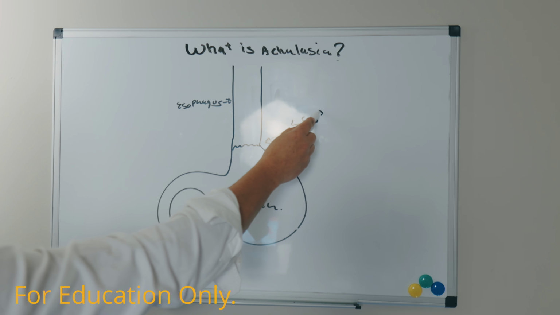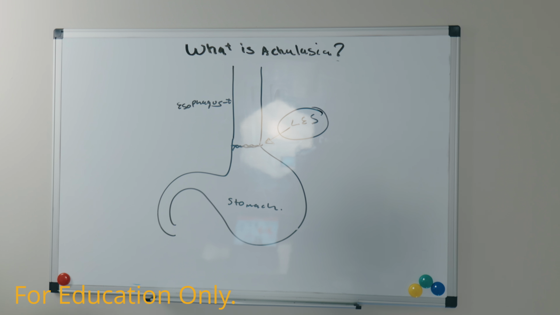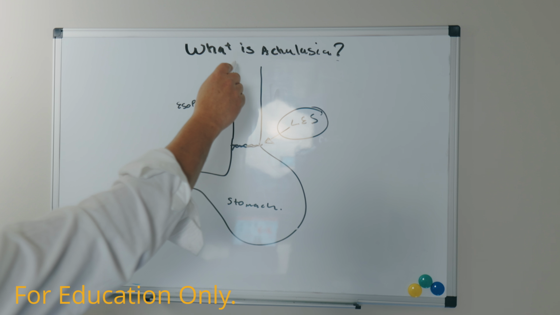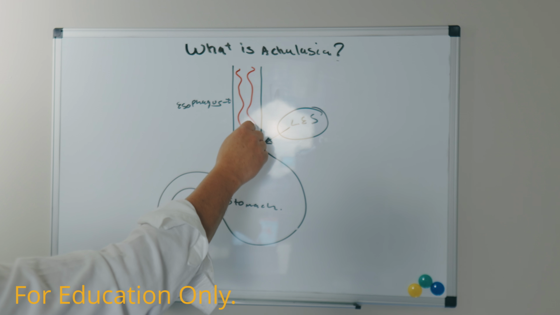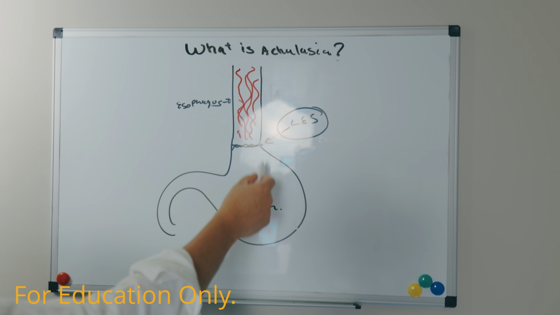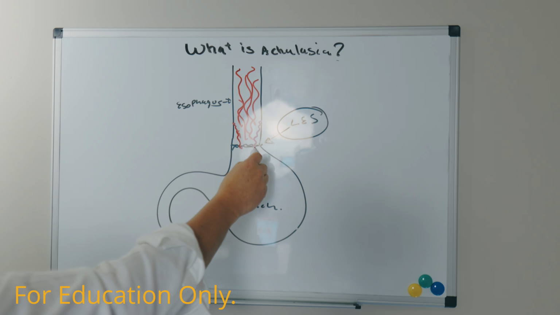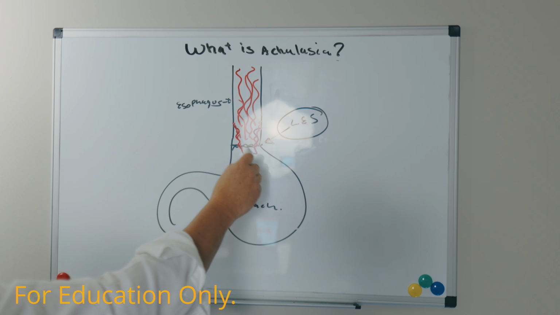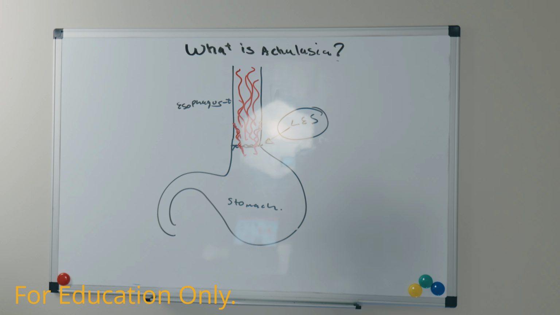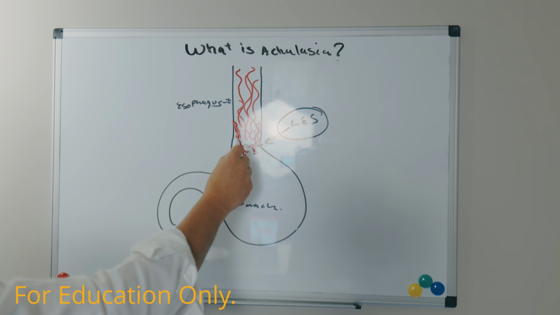The lower esophageal sphincter, which is right at this point right here, fails to dilate, and when the patient eats, the food tends to hang out in the esophagus, and eventually the patient will develop a stricture in the distal esophagus. I want you to keep in mind this type of stricture right here.